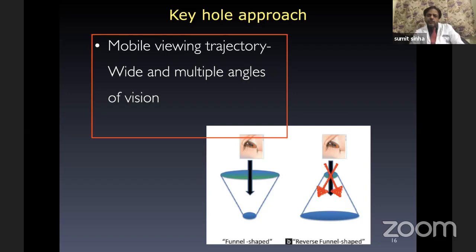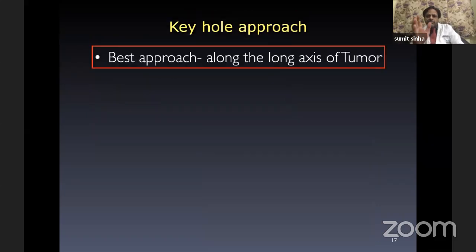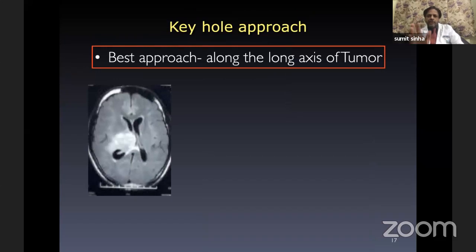While planning keyhole surgery, planning is the most important, and you have to spend one night before surgery entirely making the plan. So how to approach this? This is a patient I operated on last year, with a thalamic glioma. How do you place the keyhole incision? This is not a question of making a big craniotomy.